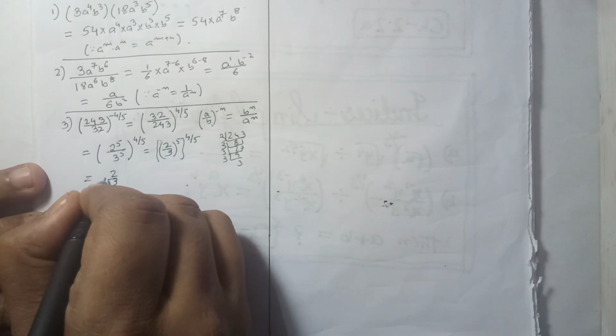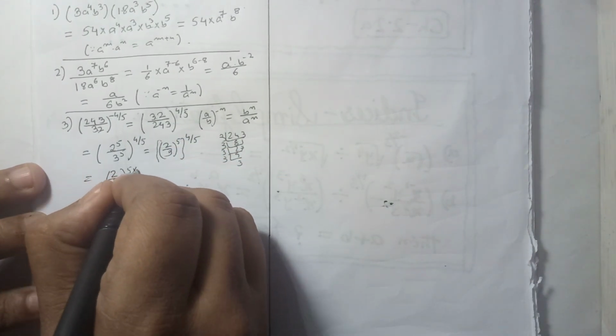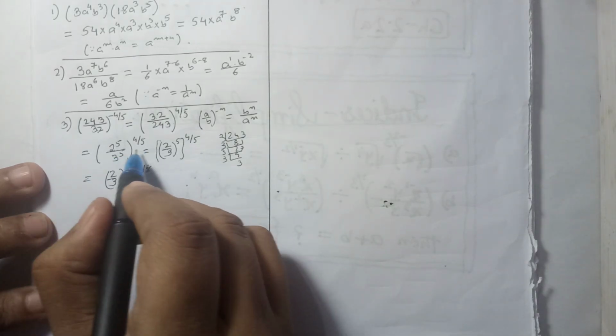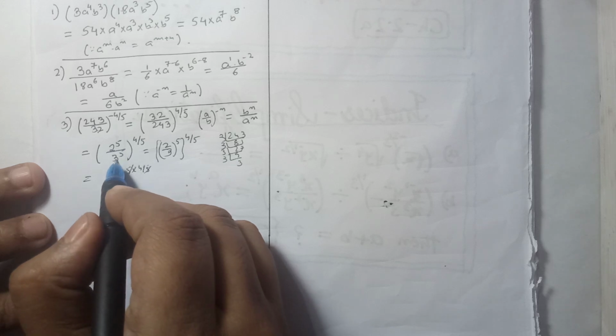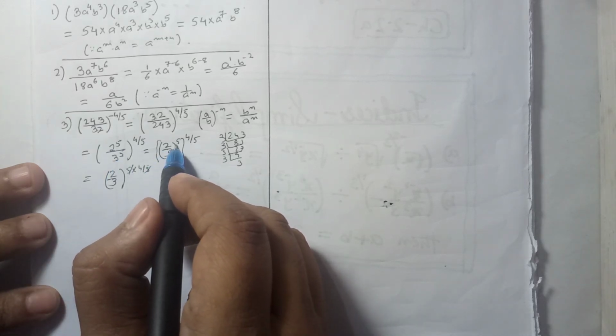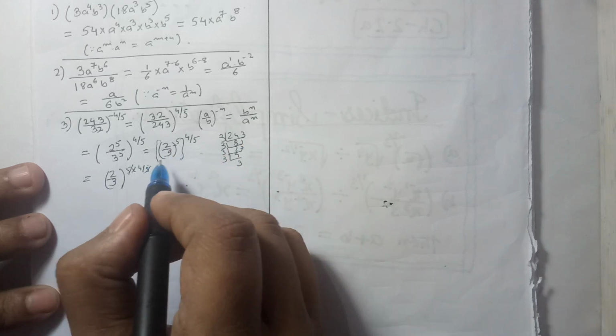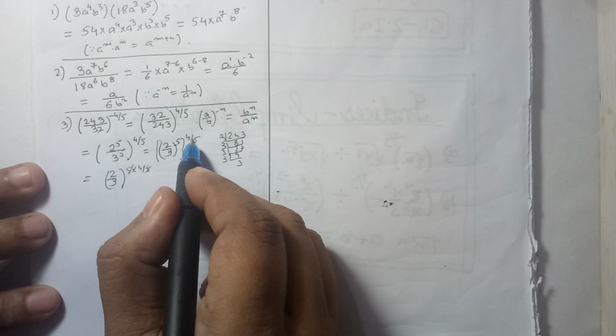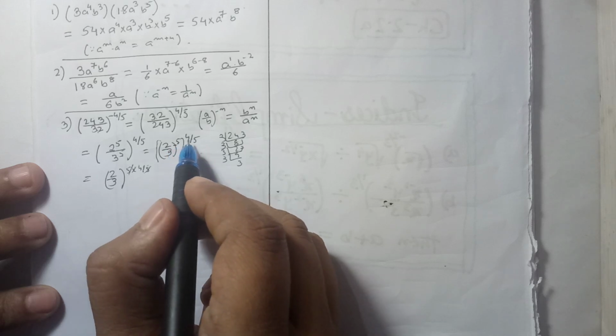So 2 by 3 to the power of 5 into 4 by 5 will get cancelled. Why did I do this? A to the power of n by b to the power of n can be written as a by b to the power of n. And the next one is anything to the power of m to the power of n is multiplied by m into n.